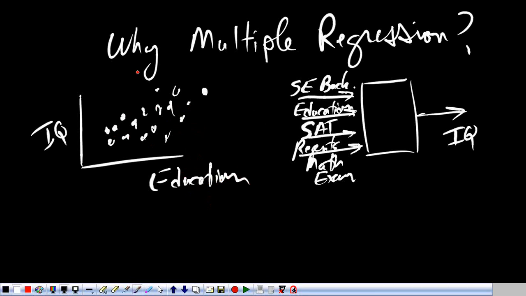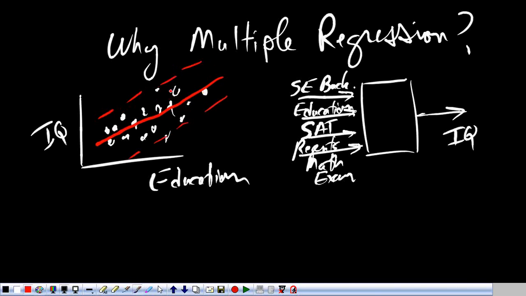They're really smart, they just haven't been educated. And certainly the opposite can be true as well, highly educated people who are not all that smart. So the spread may look something like this. And if we drew our best fit line, there's a lot of variation around there. And if we drew in the prediction intervals, they'd be pretty wide.